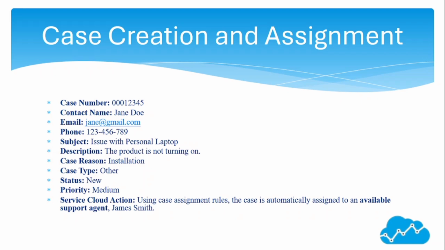The email ID of that customer, phone number, subject: issue with personal laptop, description she had given: the product is not turning on, case reason maybe installation or something like this. Case type she mentioned other, status is new, priority is medium. So this is the data she filled in the form and submitted.